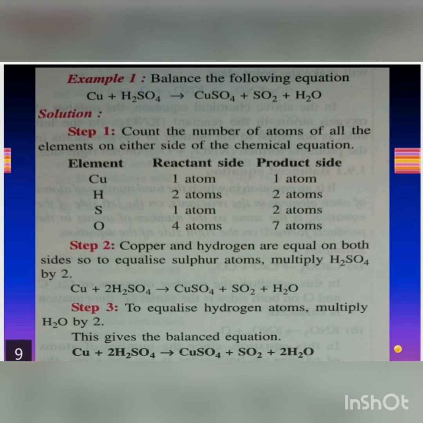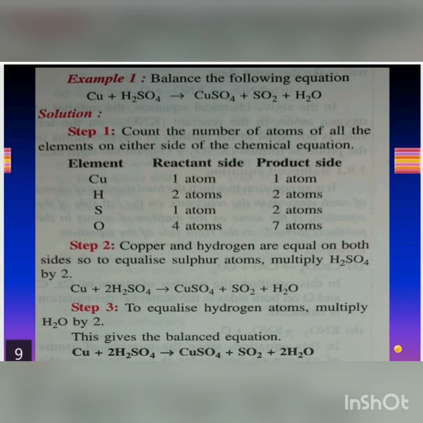So to balance this out, we go to the water molecule and put the coefficient 2. So here we are having hydrogen as 4 again. So hydrogen is balanced out. So by adding the coefficient 2 to water, we see that all the other elements have automatically balanced themselves out.